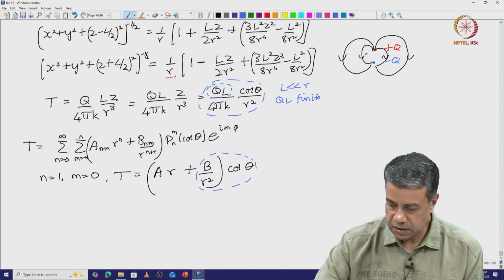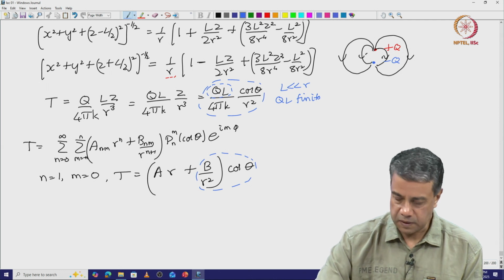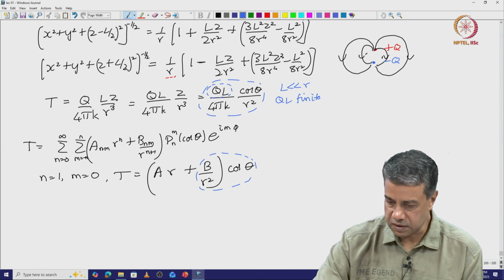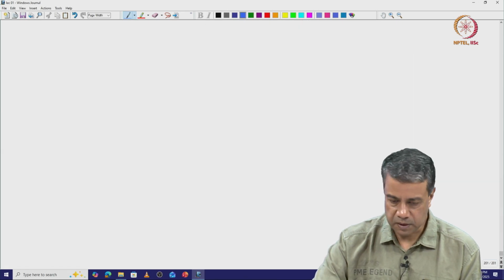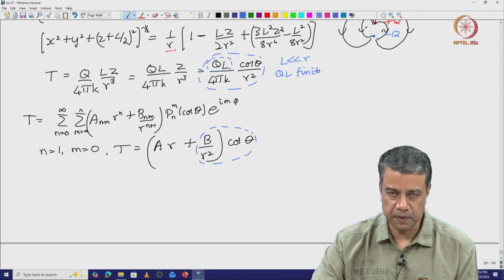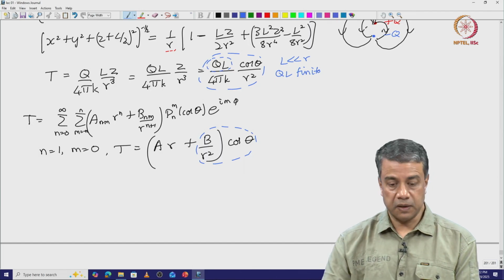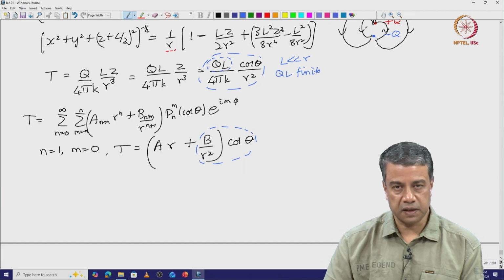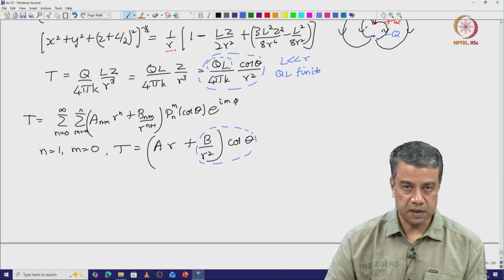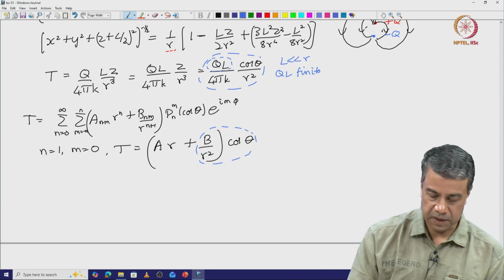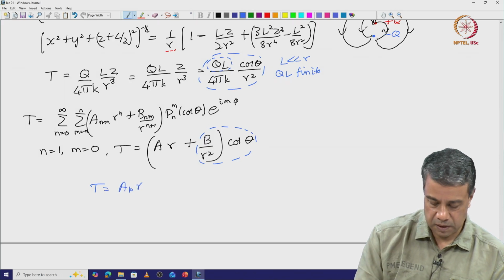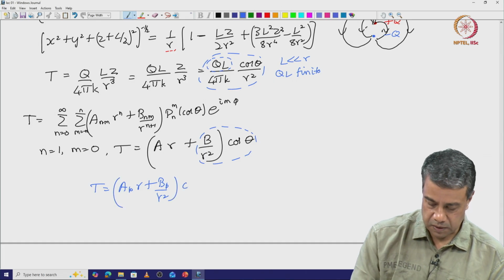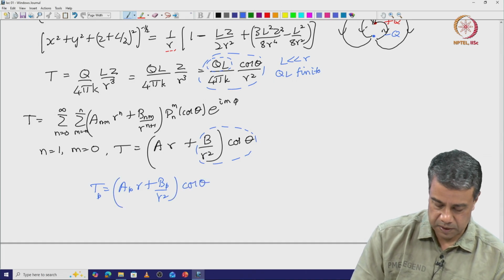And also recall that when we did the problem of heat conduction around a spherical particle, when we wanted to evaluate the effective conductivity of a composite, we had a similar solution. We had T is equal to A particle r plus B particle by r square, cos theta. This was the particle temperature.